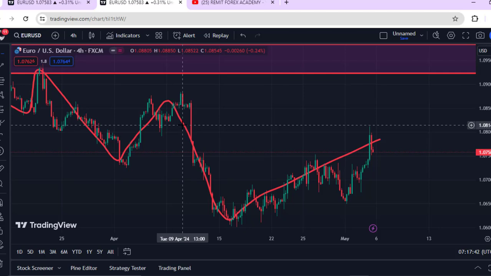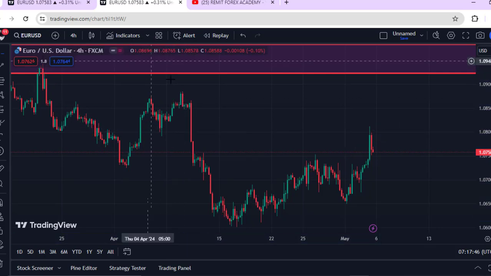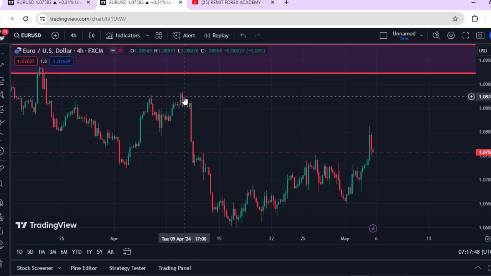What this also means is that until we see a break of structure at this very level of resistance right here, we are not going to say that the market has changed direction. That means we're not going to say that the market is in an uptrend. Market is still in a downtrend right now.